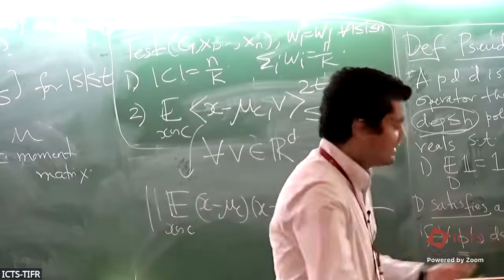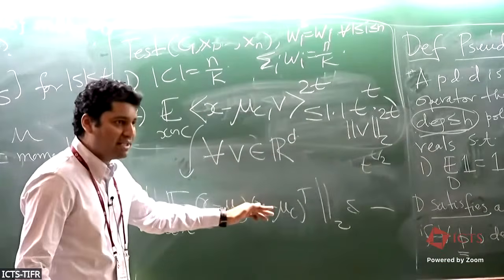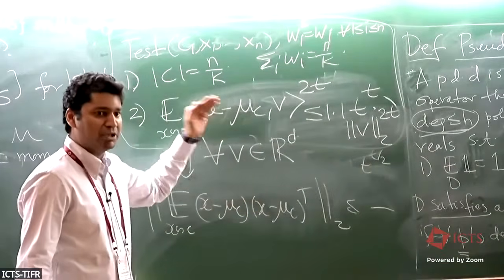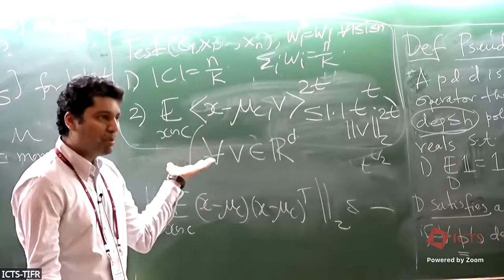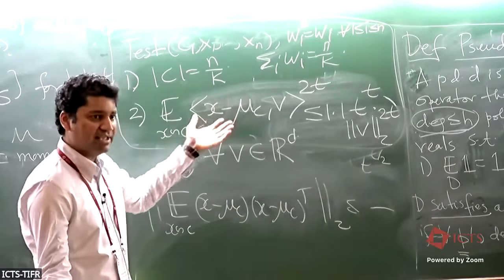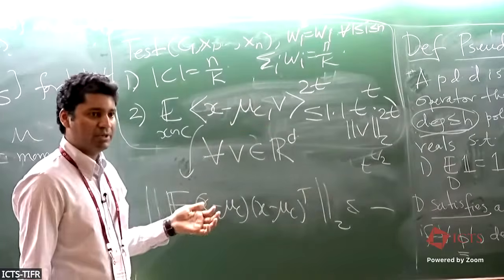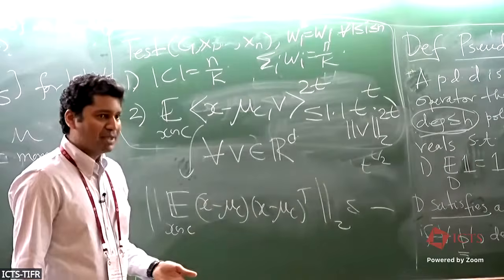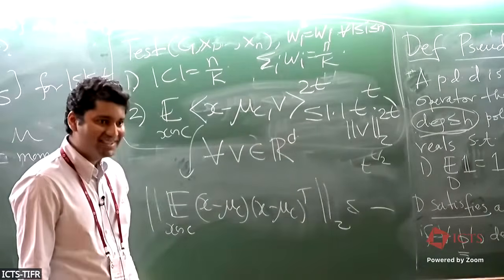In some sense, it's a higher degree polynomial inequality. For quadratic, it is a testable condition, but you should not expect this condition to be testable in general, because it's a polynomial optimization problem. Checking this is like certifying the maximum of a certain polynomial of degree 2t. This is an NP-hard problem, right? So you should not expect this inequality to be testable beyond t equals 1.